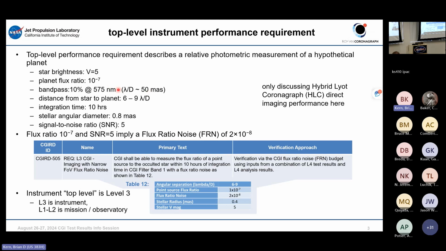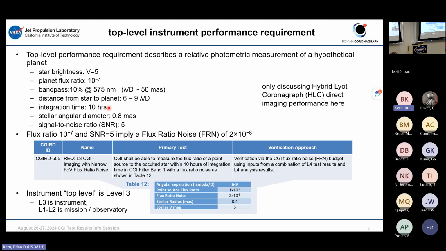We're in what we call band 1, visible wavelengths. The requirements only speak to 6 to 9 lambda over D. Another important part that just colors the details of what we describe is that there's a pre-specified 10-hour observation.